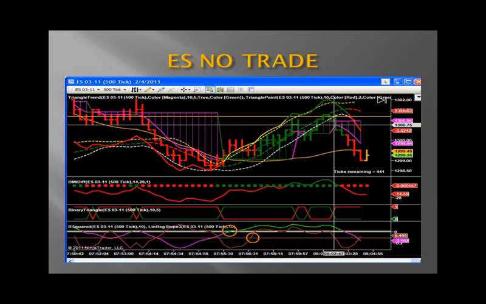Here I've circled the LRS and the R-squared indicators as they cross their zero line and trigger lines respectively. However, this does not indicate a trade. If you look up above that, you see the binary triangle indicator shows an uptrend. However, the next indicator above that is the DMI differential, and even though the dots are green, the indicator line is red and is below the dots.